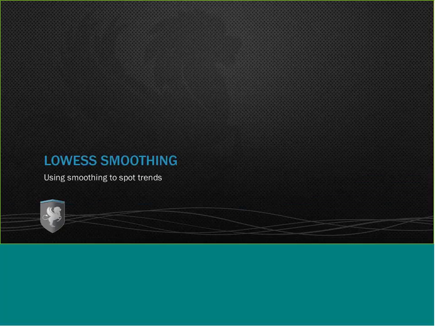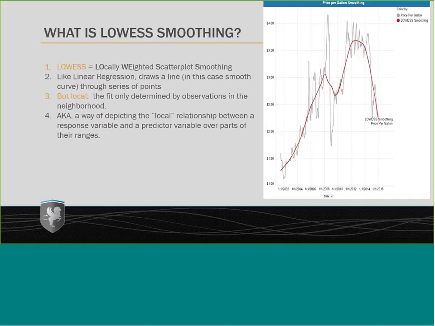So first, a little about LOWESS smoothing. LOWESS stands for locally weighted scatterplot smoothing. As you can see here, it doesn't necessarily have to be a scatterplot; you can smooth a line curve also. The point is, like linear regression, we're trying to draw a line that represents this data as a whole, that summarizes it.